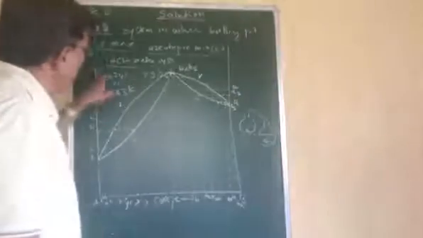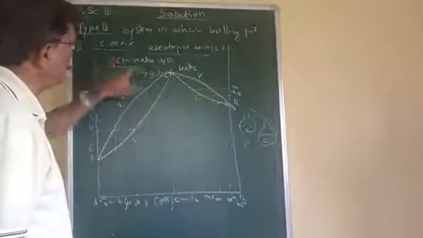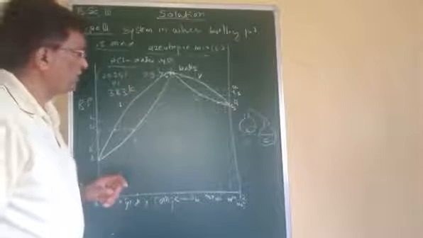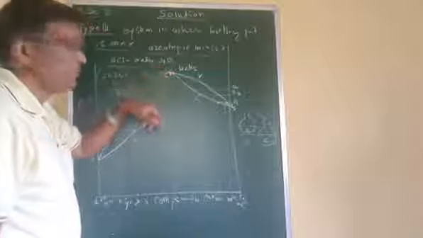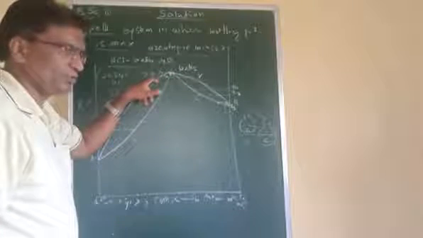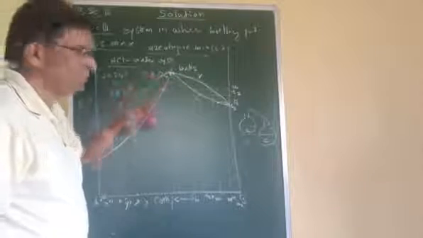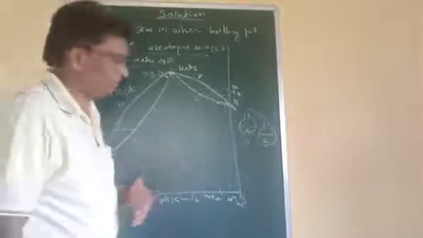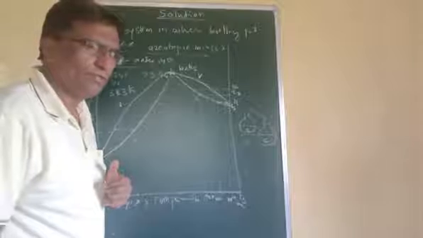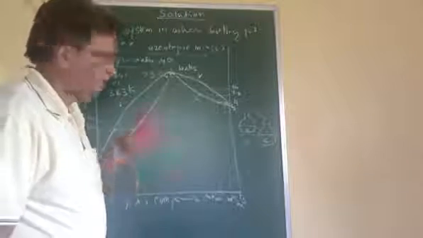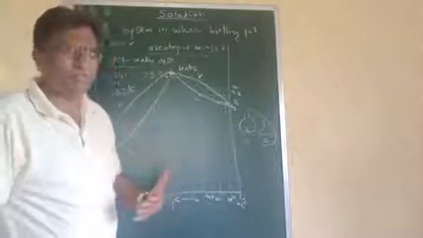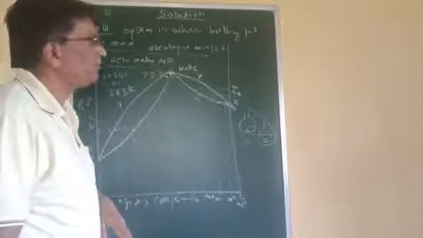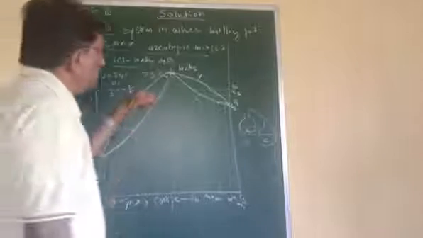That is 20.24% of HCl and 79.76% of water. If you consider any composition above this, that means water above 79.76%, and we distill that mixture by fractional distillation, then what will happen?